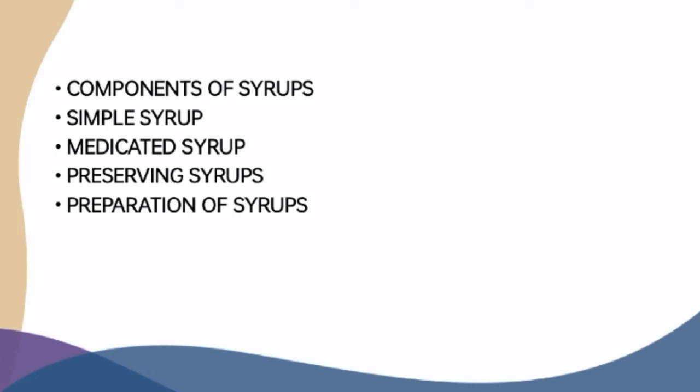The fourth and last one is percolation. In the percolation method, there are two possibilities. First, sucrose may be percolated to prepare the syrup. Second, the source of the medicinal component may be percolated to form an extractive to which sucrose or syrup may be added.